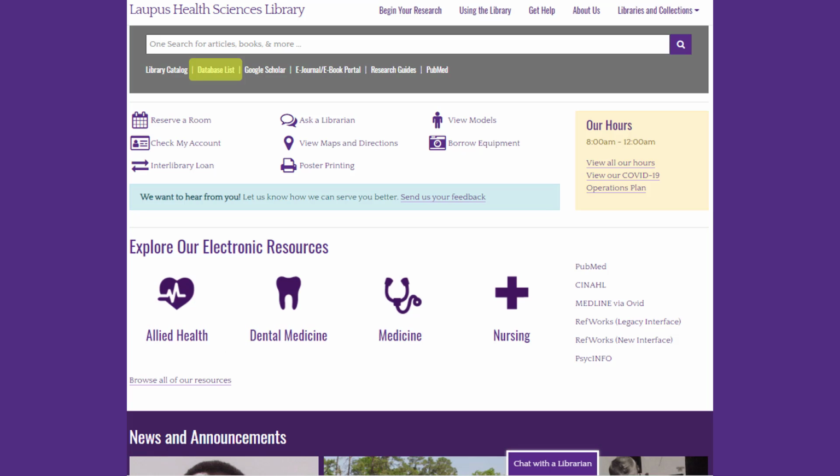You can also access every database the library has access to via the database list link located in the gray search box. You may notice that there is a link to PubMed located in this box as well. You can find an additional link to PubMed, as well as CINAHL and PsycINFO, located to the right of the curated list buttons.